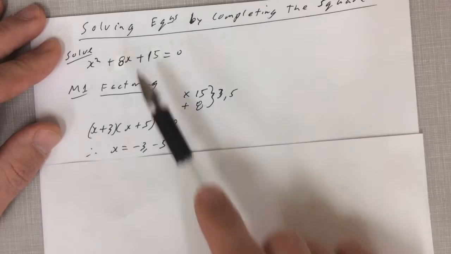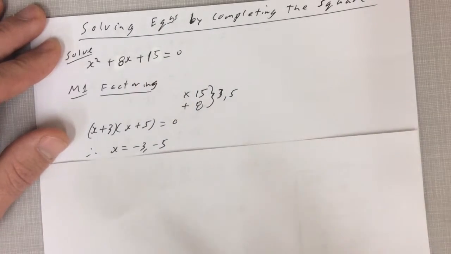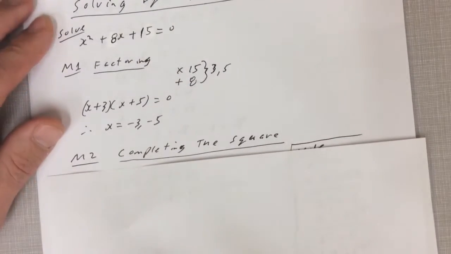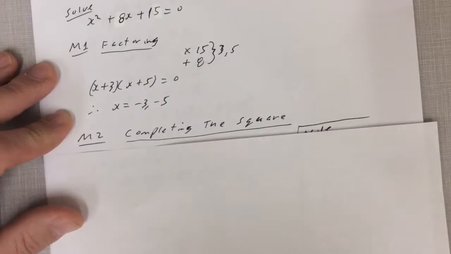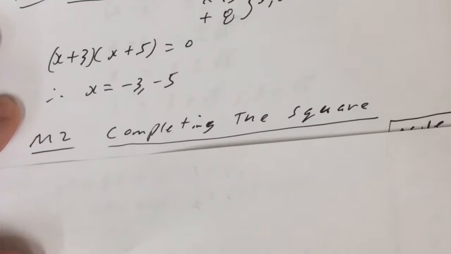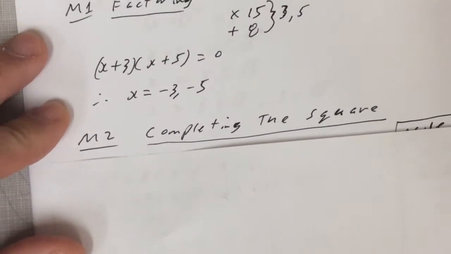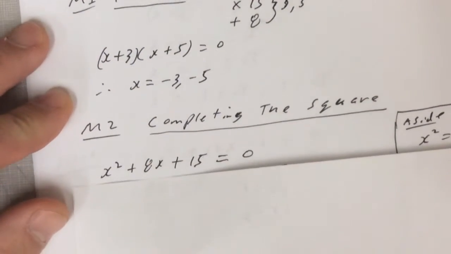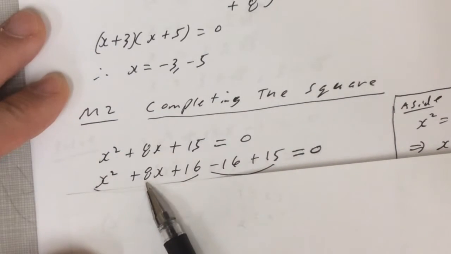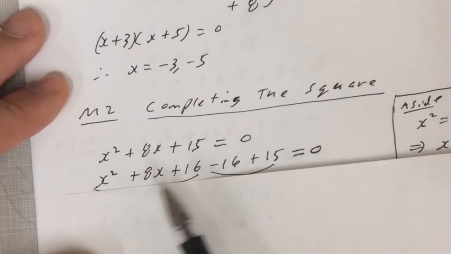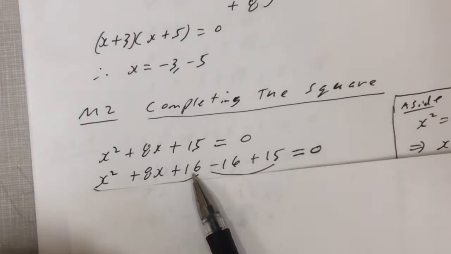Now, if we take a look at this one here and we complete the square, this is another method, method 2 call it. When we complete the square, we take half of that middle number here and we square it and we add it so that we have a perfect square.